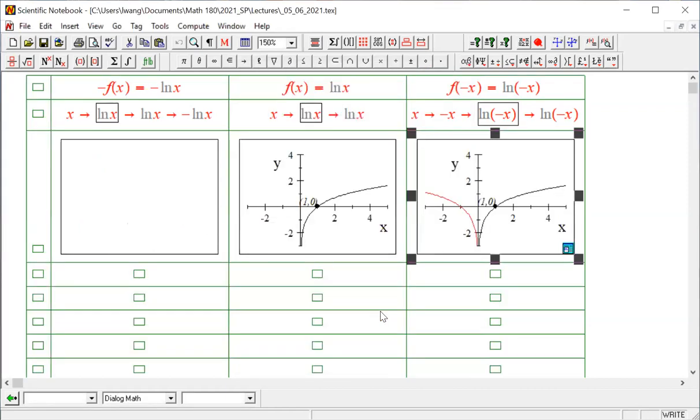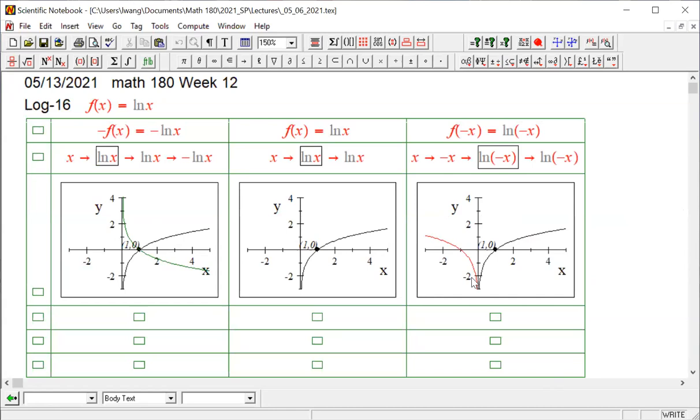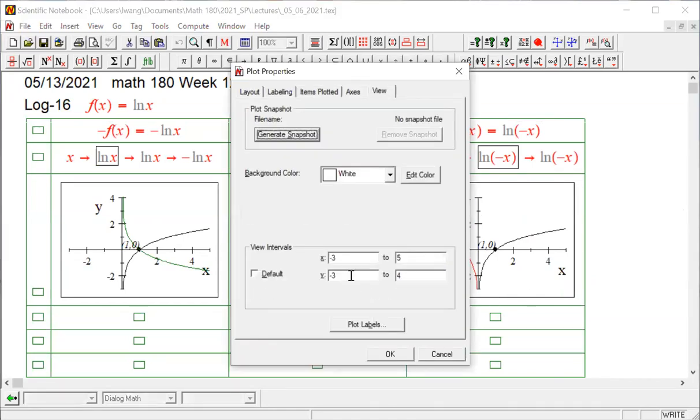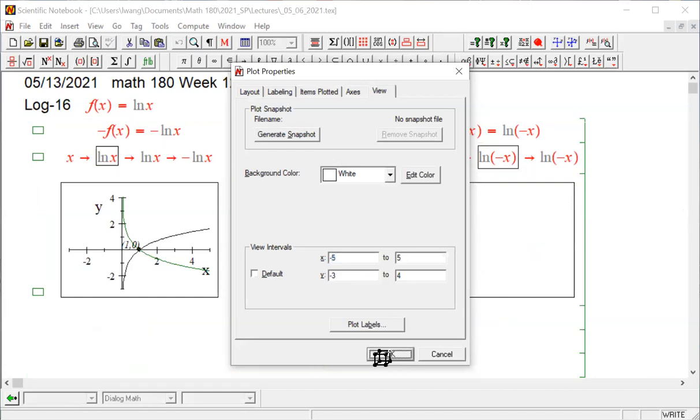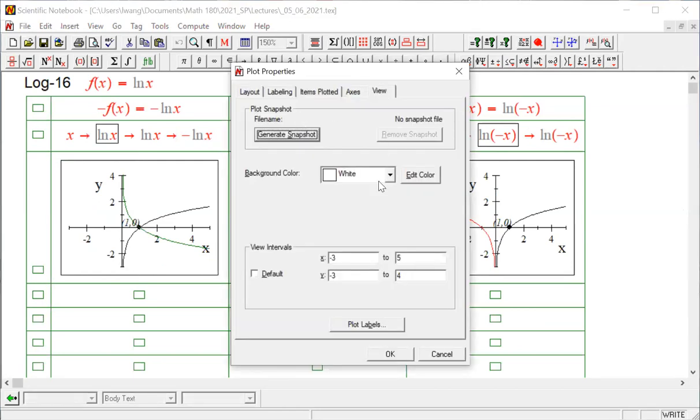Let me just make a little bit of adjustment so the picture looks more balanced.